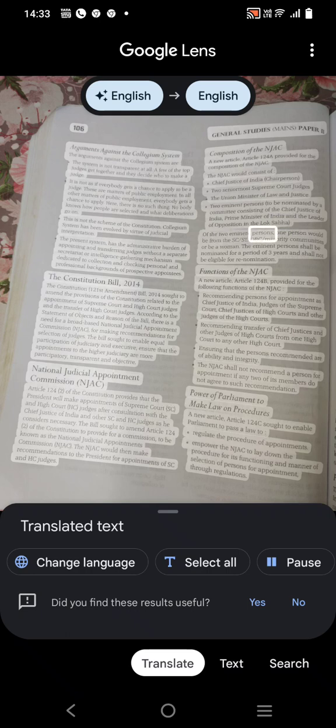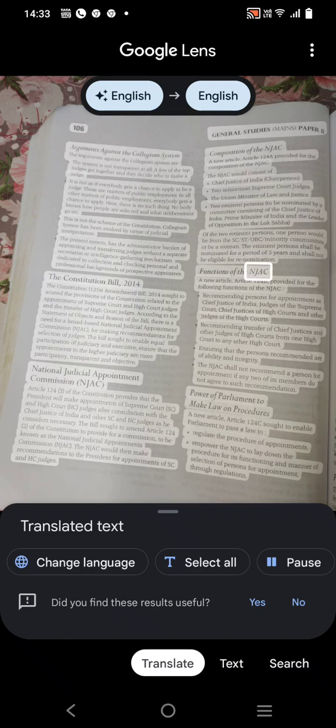Of the 2 eminent persons, 1 person would be from the SC, ST, OBC, minority communities or be a woman. The eminent persons shall be nominated for a period of 3 years and shall not be eligible for renomination.